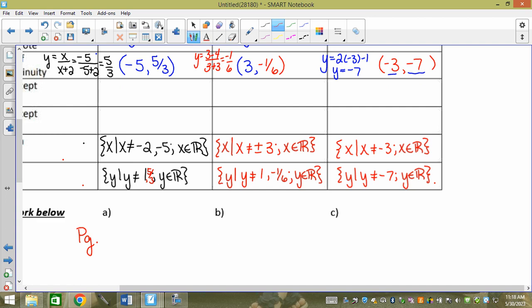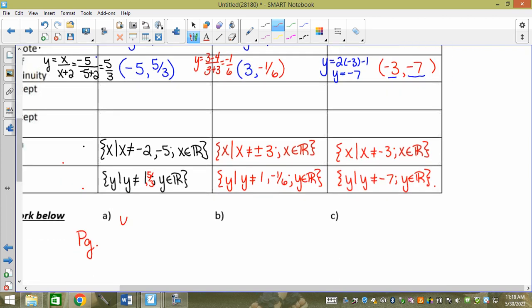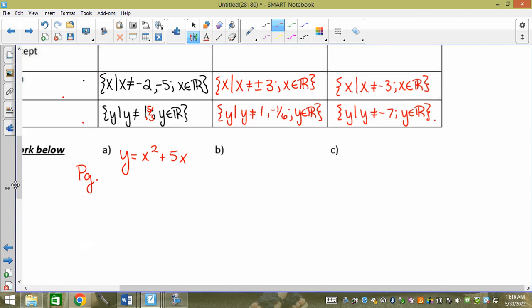Oh, I wanted to show you one thing. So if I have this, y equals x squared plus 5x over x squared plus 7x plus 10, pay attention. If I ask you for the y-intercept, is it really easy to do? When you hear y-intercept, what should you think? x equals 0.